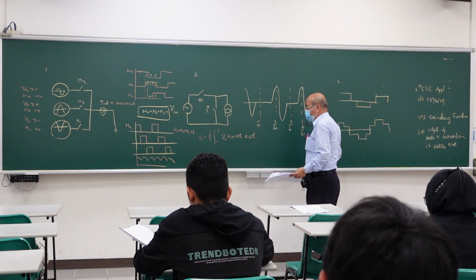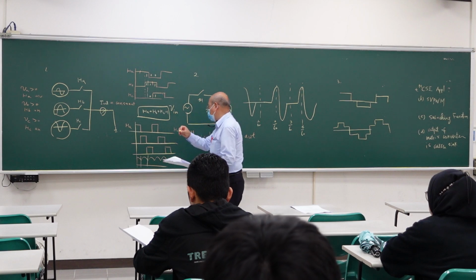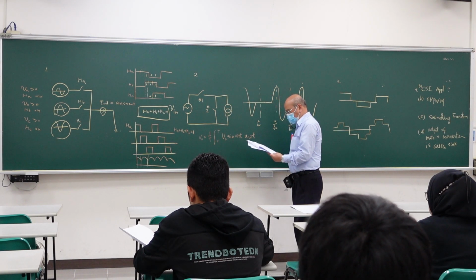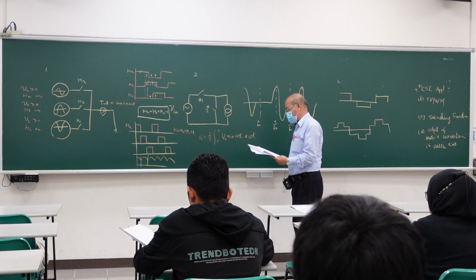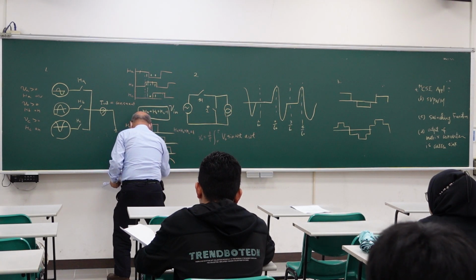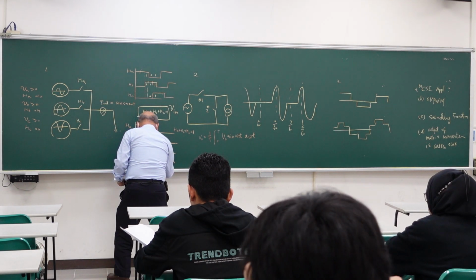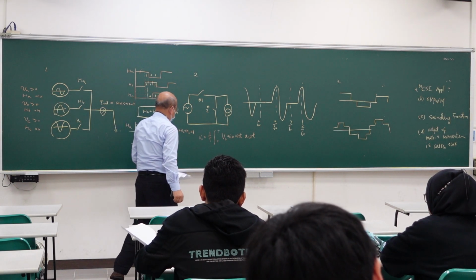We can find one period, maybe from here to here, one period. So in this case, the whole period T has 3 pulses.